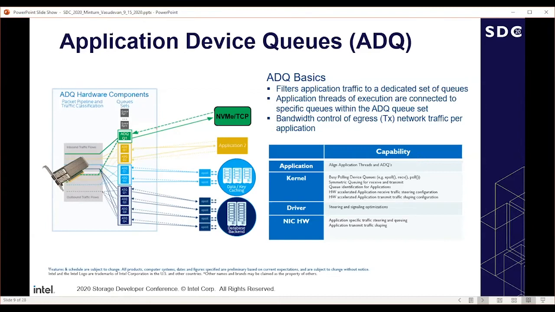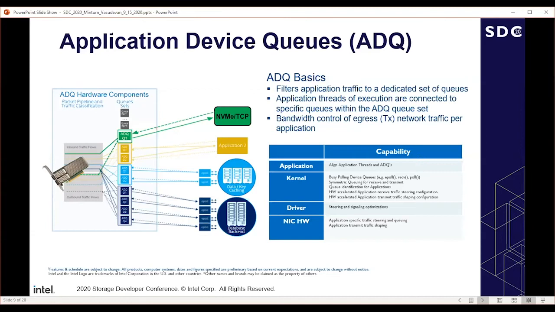One of the key things here is that all of this is accomplished within the framework of the native OS networking stack, and there have been many contributions upstreamed into the kernel that ADQ leverages.